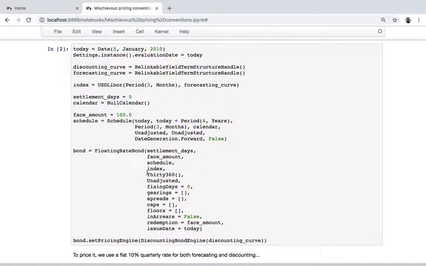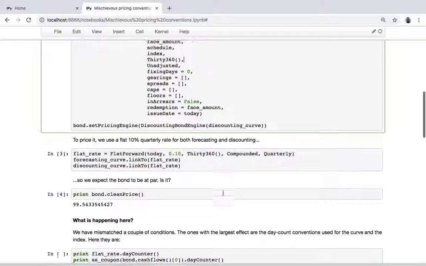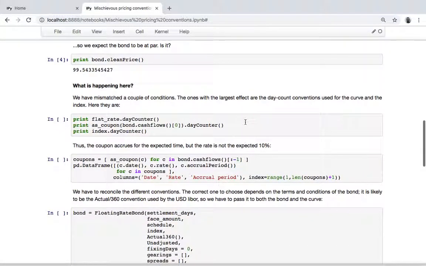The big one was the use of this 30/360 day counter as the accrual day counter for the bond, because that's not the day counter that the USD LIBOR is using. USD LIBOR is quoted based on actual/360. So if we accrue them according to a 30/360 day counter, we get, of course, a discrepancy.